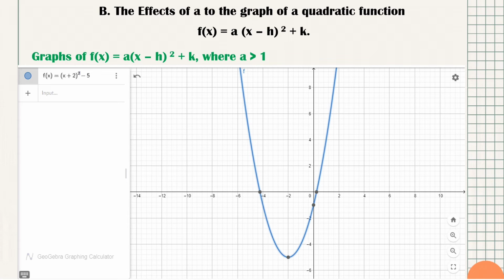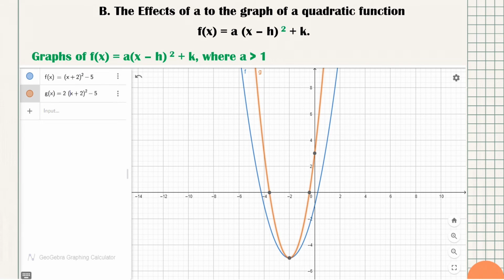Next, let's have the equation f(x) = 2(x + 2)² - 5, where a is equal to 2. And if the value of a is equal to 10, we have the equation 10(x + 2)² - 5, and the graph looks like this.